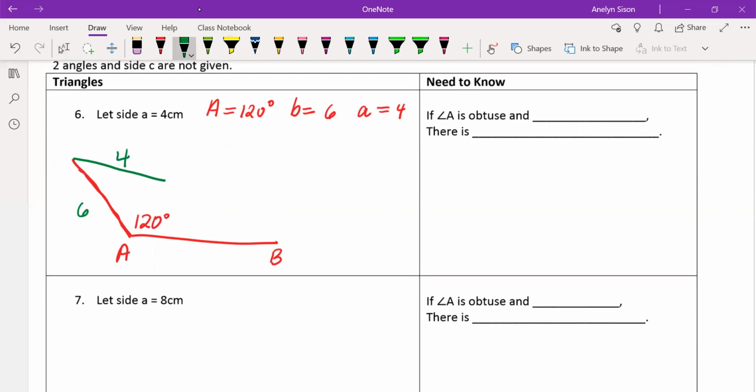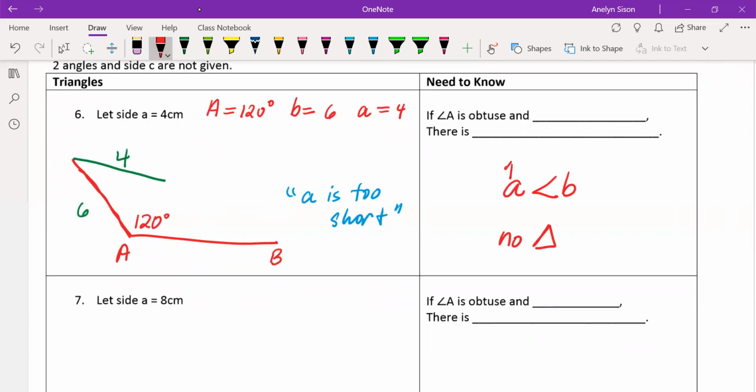So is 4 larger than 6? No. A is too short in here. So in any obtuse triangle, see this one, 120 degrees, when A, or the opposite side given, is less than the B, no triangle.